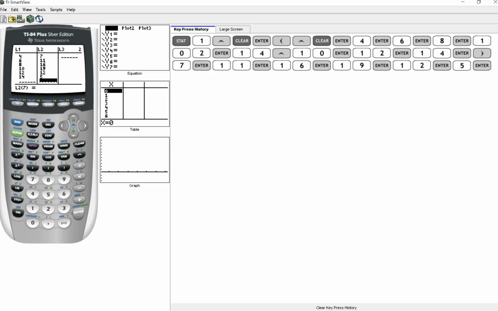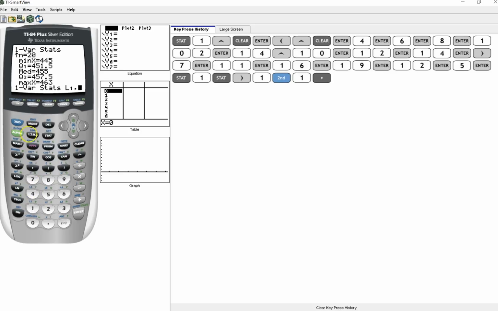Okay. So because this is a frequency table, when I go to Stat Calc 1, depending on the calculator you have, you'll either put L1, comma, L2, or put L1 into the first part and L2 into the frequency part. Okay, then hit Enter, and here are our statistics.